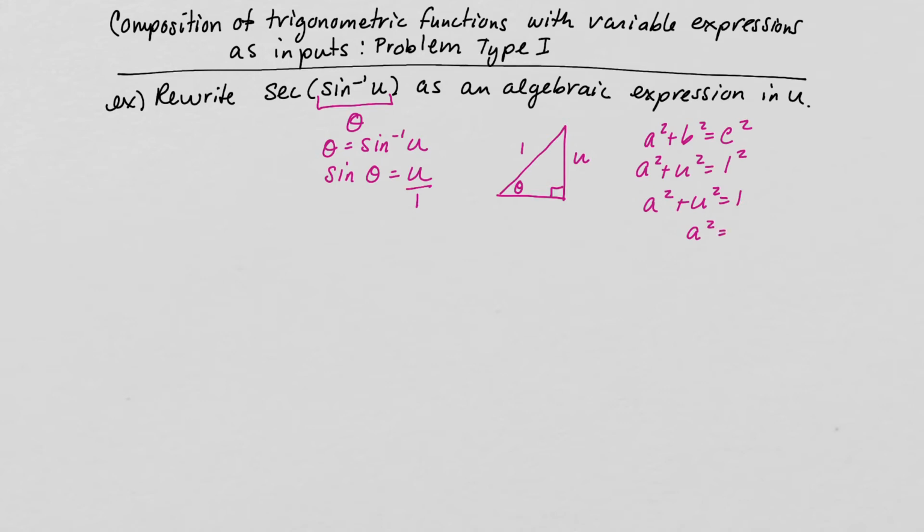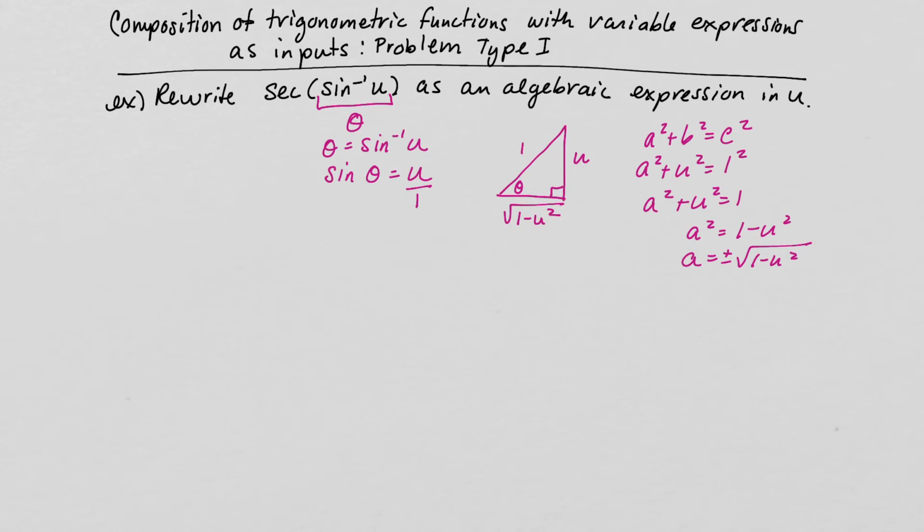So move the u to the other side. So a squared is equal to 1 minus u squared. So a is going to be plus or minus the square root of 1 minus u squared. And we're just going to take the positive part. So square root of 1 minus u squared.